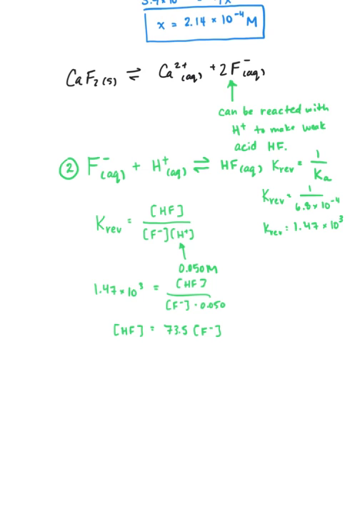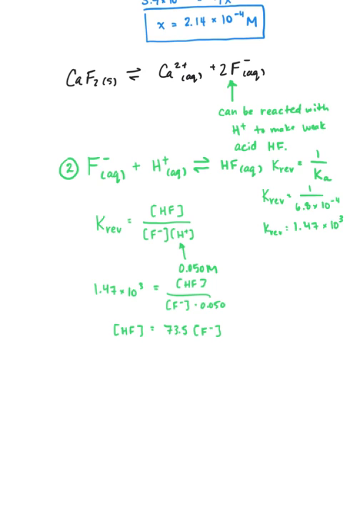To account for all of the fluoride ions produced by calcium fluoride, the total number of fluoride ions are wrapped up either in the fluoride in HF or in the fluoride produced from CaF2. All of the fluoride in the solution is either from HF or from calcium fluoride.